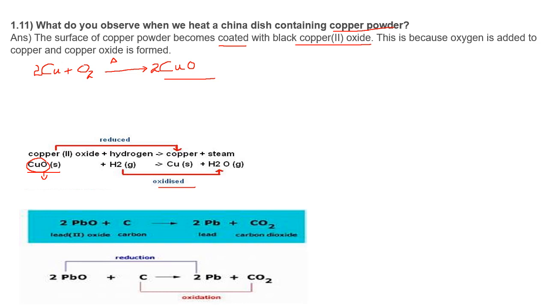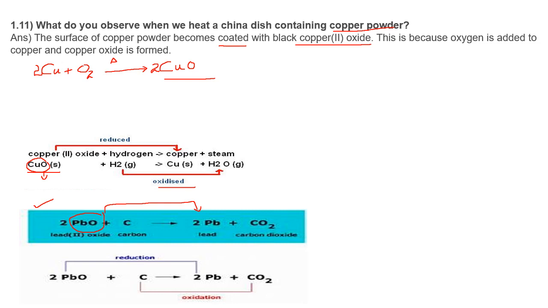I'll take one more example from your book. PbO plus carbon gives Pb plus CO2. So we can see here clearly that lead oxide changes into lead, it means it has lost oxygen.